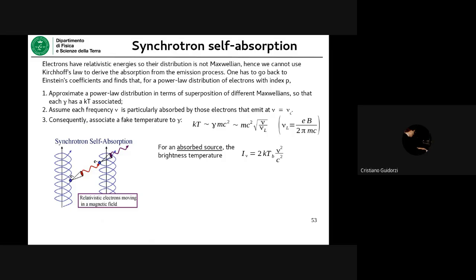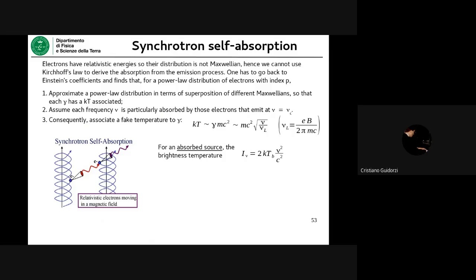Since we have turned the problem into a composition of Maxwellian distributions, we sort of recovered a thermal analog. But in the absorbed case of a thermal analog, we know that the spectrum works like in the Rayleigh-Jeans regime, where TB is the brightness temperature. So the intensity is now scaling with nu cubed times TB.